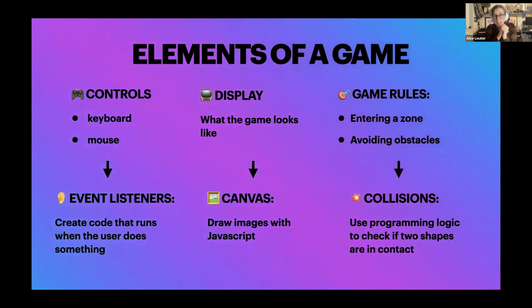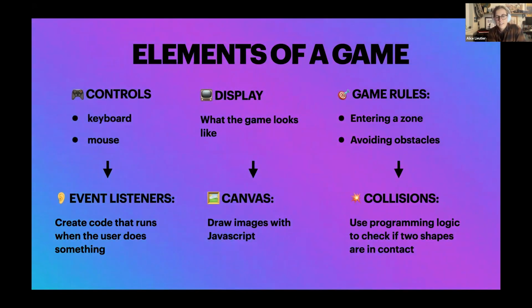Then there's a display: a way for you to see what is happening in the game. And then there are rules: what's the goal of the game, what do you need to do, and how do you accumulate points? These are the 3 things our game will have tonight. I'm not promising a very elaborate game, but it will have controls, a display, and a goal.